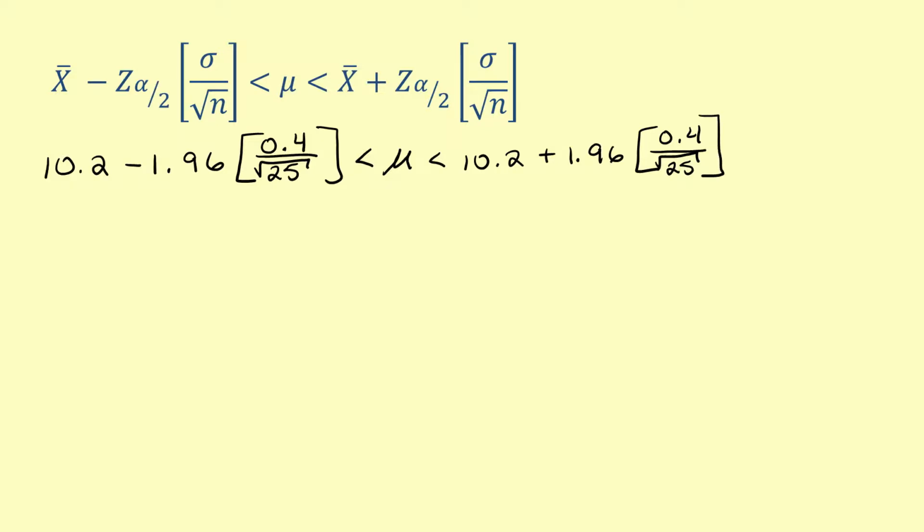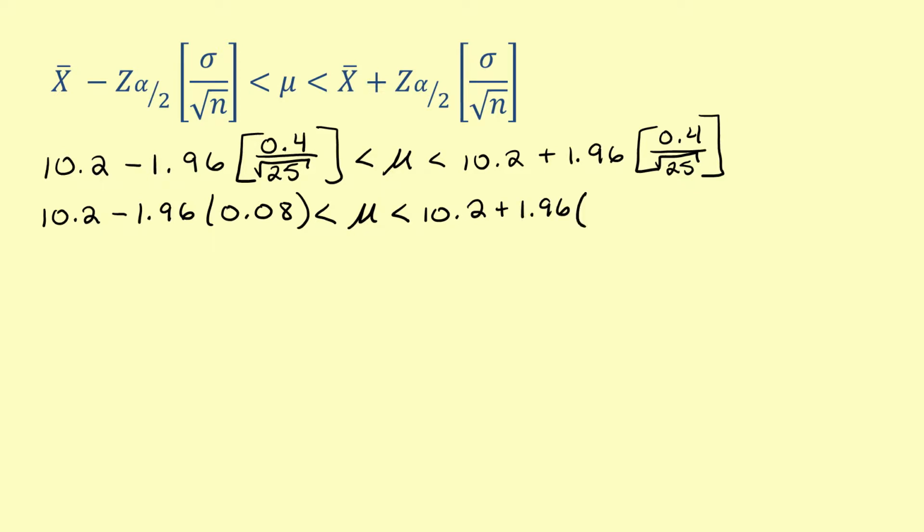Simplifying gives us 10.2 minus 1.96 times 0.08 is less than mu is less than 10.2 plus 1.96 times 0.08.